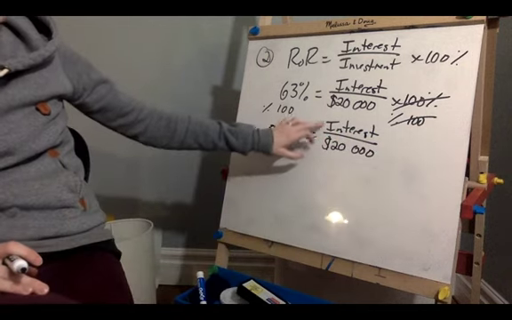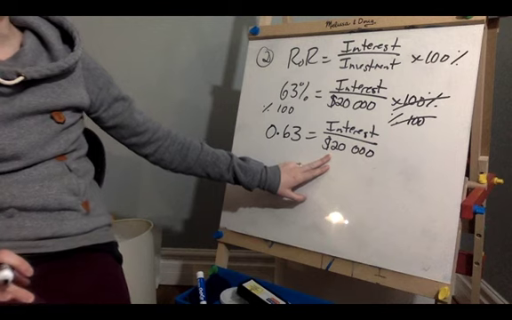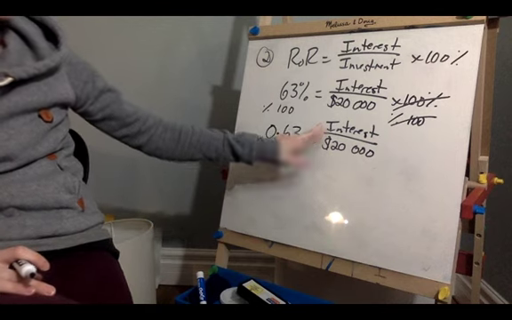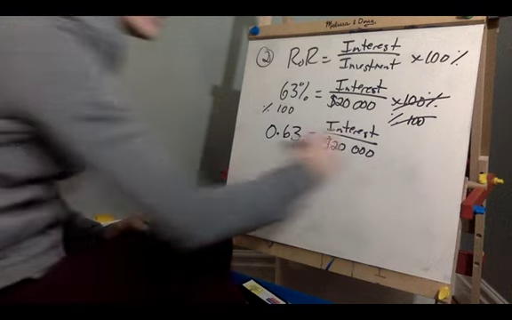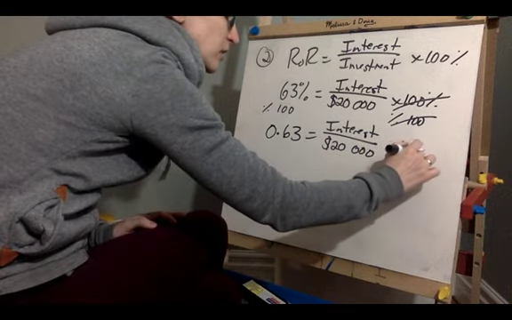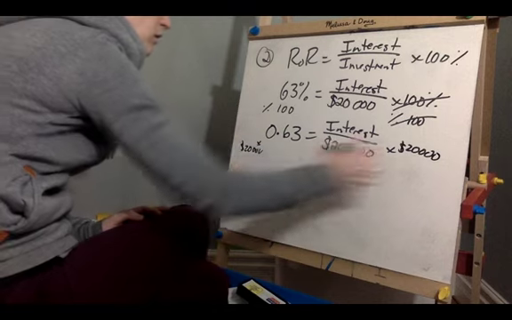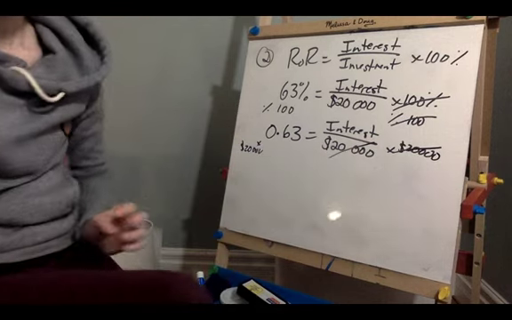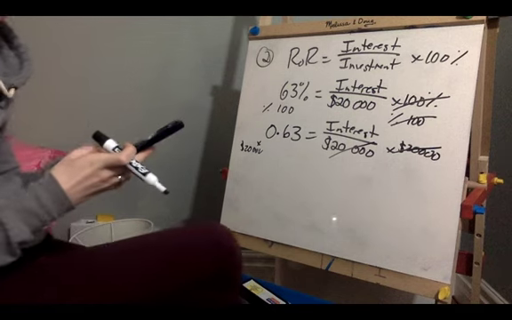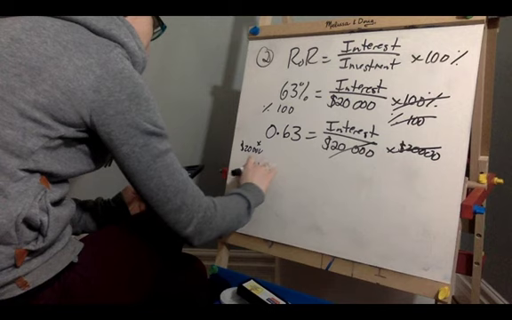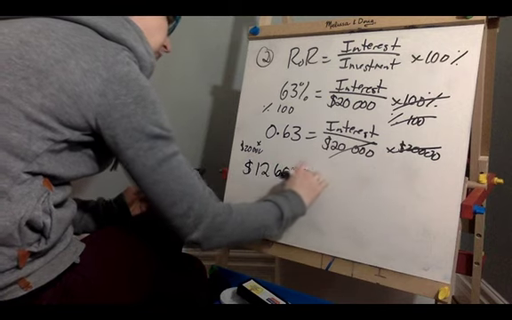Now since this is unknown divided by 20,000, I want to get this by itself. So what I would do is multiply both sides by the 20,000. Since it's being divided, I'm doing the opposite here. So that will cancel, and then 0.63 times 20,000 is 12,600.